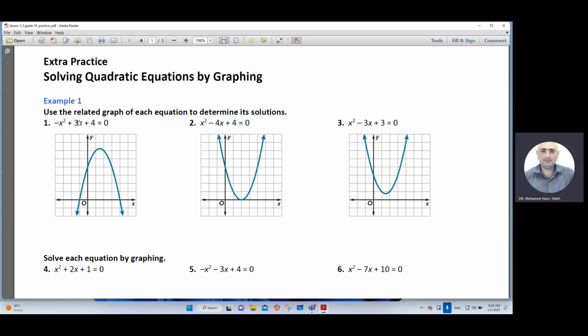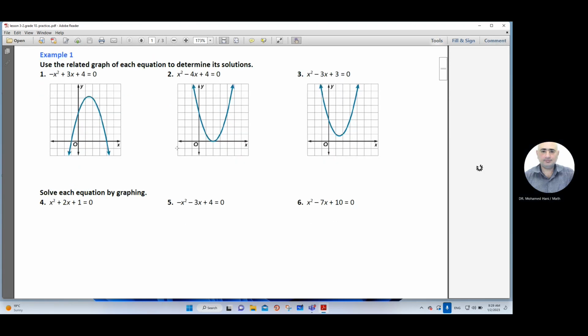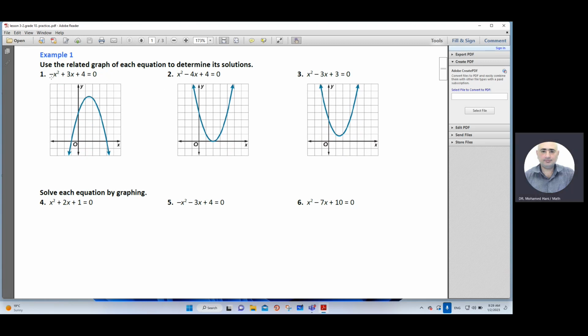Use the related graph of each equation to determine the solution. In the first example, as you see here, this is a quadratic equation and this is the graph of the quadratic equation. Who can tell me what is the solution here from the graph? How many solutions do we have here?